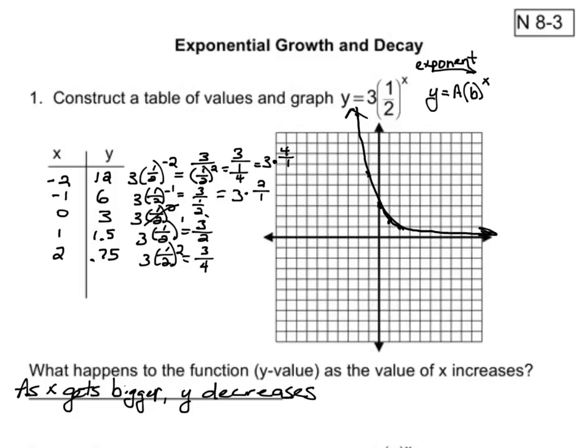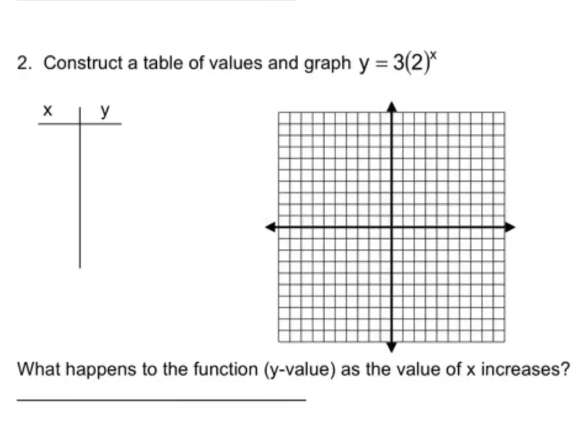Now let's look at the next page where we have a different kind of graph. It's still an exponential equation, but this time we've got 3 times 2 to the x instead of 3 times 1/2 to the x. So we're going to construct our table using the same x values that we had before.